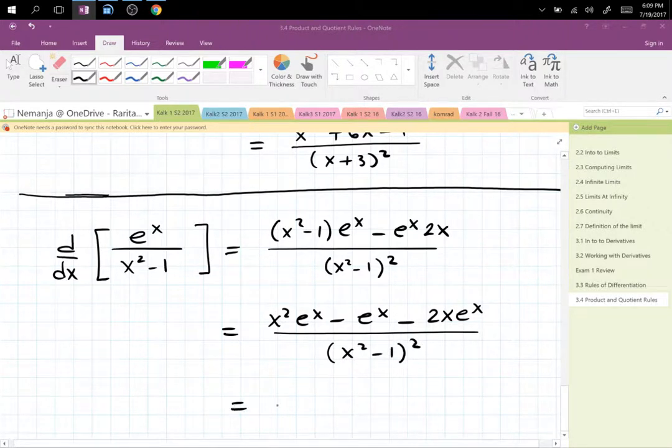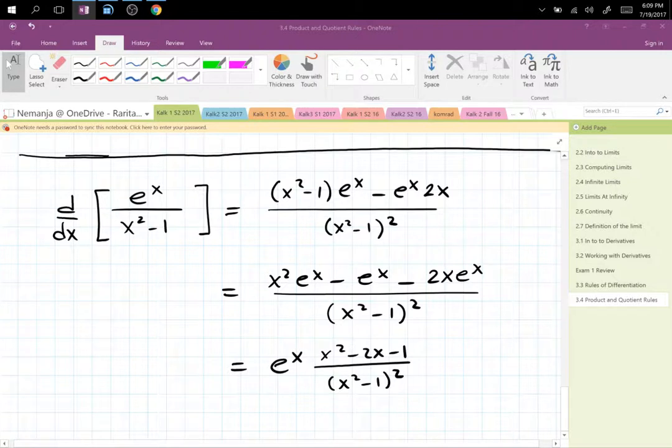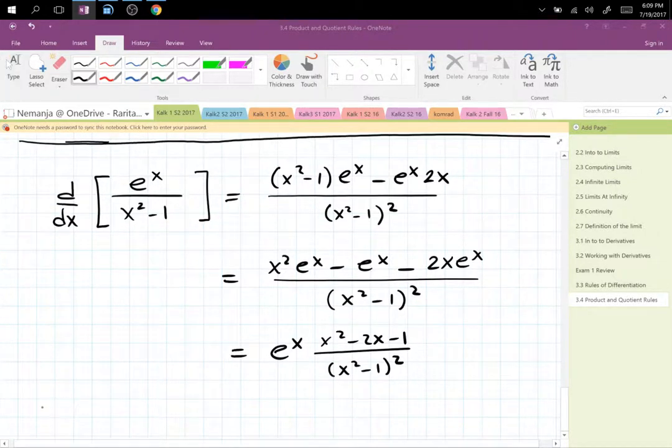I can factor out e to the x, and the remaining is x squared minus 2x minus 1, over x squared minus 1 squared. That's it. That's the factored form.